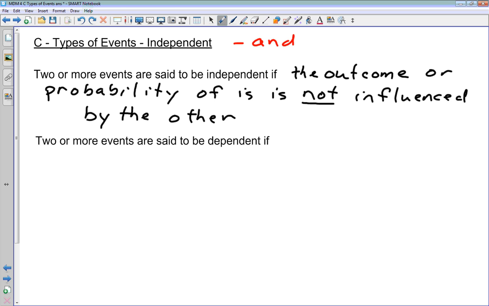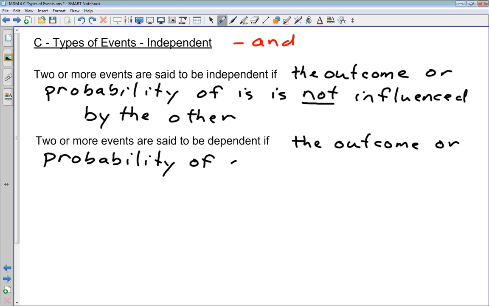So if the outcome or probability of one event is not influenced by the other, we say that they are independent. Conversely, two or more events are said to be dependent if the outcome or probability of one is influenced by the other.